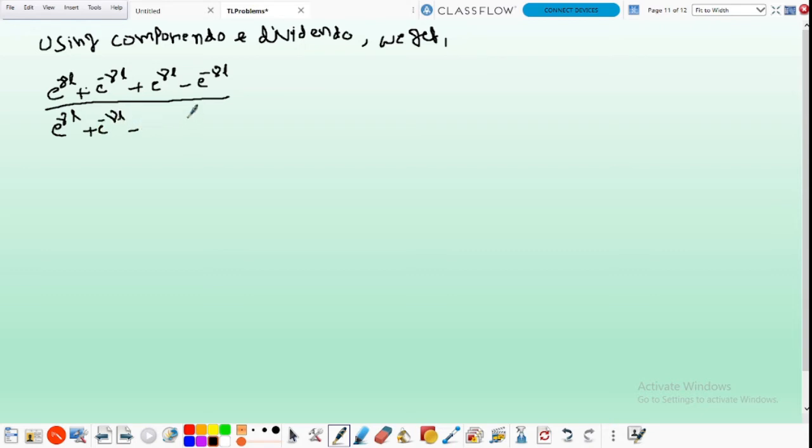What is the value of e power gamma L plus e power minus gamma L? That is the denominator term, which is 1 plus the numerator term.